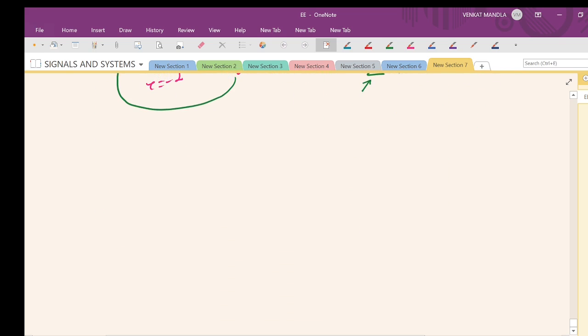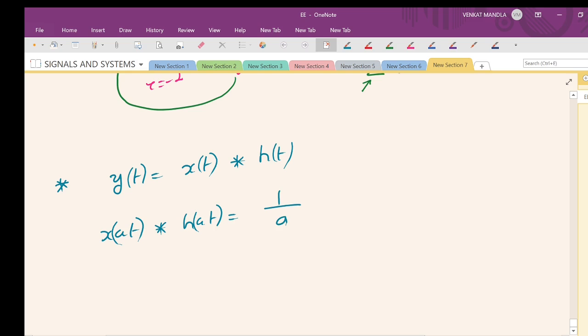Whether a is positive or negative, if y of t equals x of t convolution with h of t, then x of at convolution with h of at equals 1 by mod a into y of at. With a equal to minus 2, in the denominator you put plus 2 only, and in the argument you put minus 2, y of minus 2t.